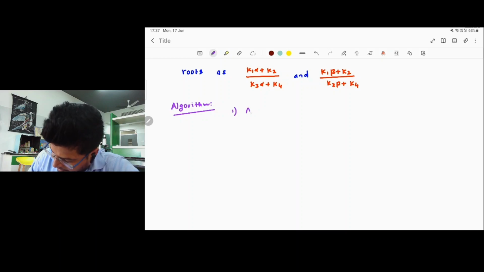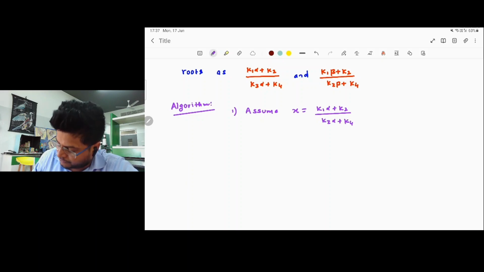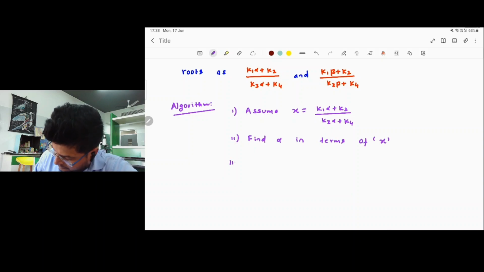First step, assume x equals (k1 alpha plus k2) by (k3 alpha plus k4). Step 2, find alpha in terms of x.